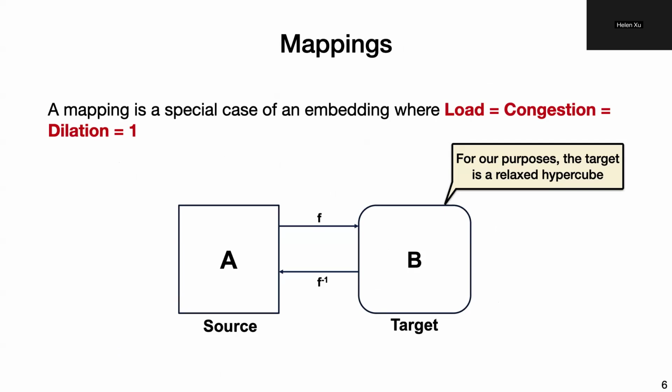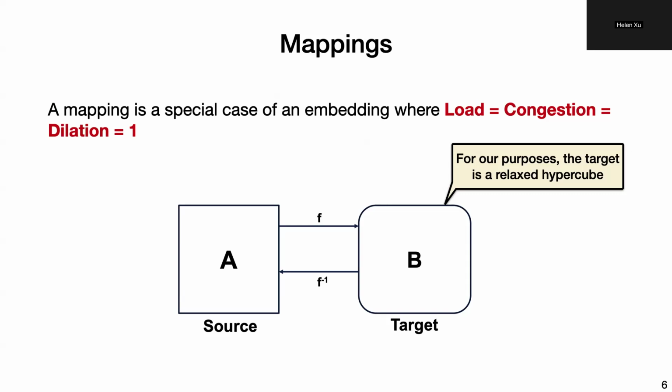The target topology is a hypercube, and we logically have some source topology that we have a designed algorithm on. They may not have the same number of edges. For example, last time we were trying to embed a ring into a hypercube. As the number of nodes grows large, the number of edges in a ring is less than the number of edges in the hypercube, because for a d-bit string, the hypercube has 2 to the d nodes, and each one of them has degree log d.